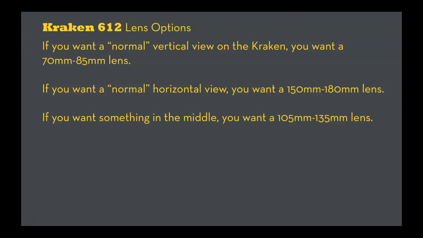So you will have some of that. The second group, the 150 to 180, everything is going to look perfectly normal. You're not going to have any problems at all. That 105 to 135 is really kind of the sweet spot, I feel, but you make that decision.